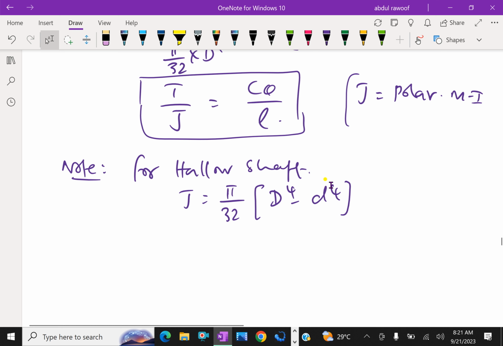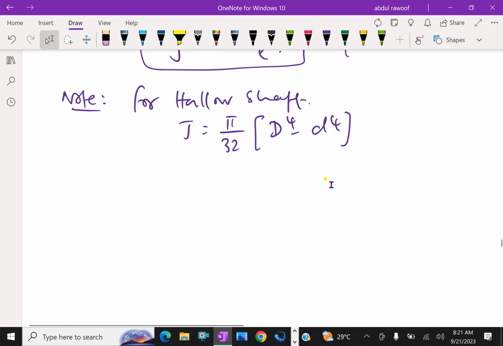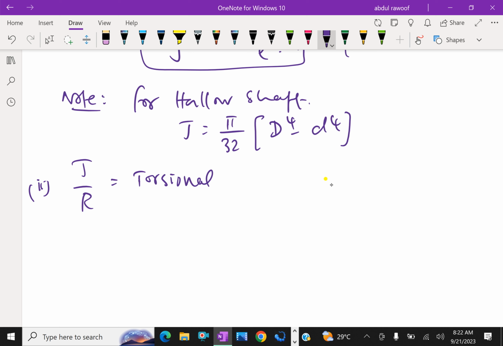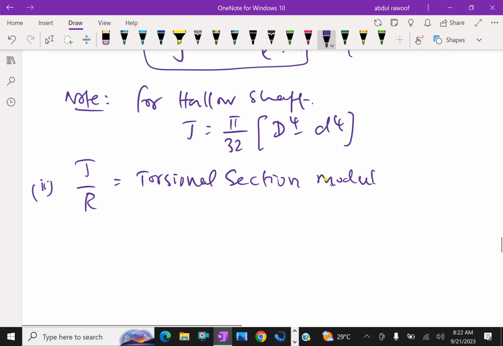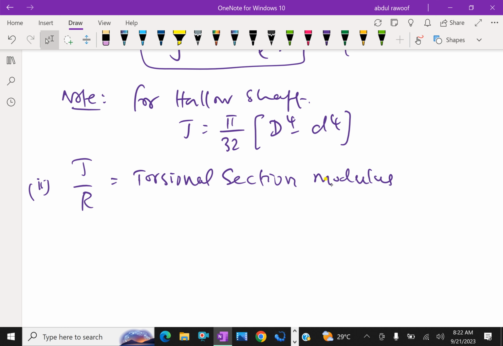The term J by R is known as the torsional section modulus. J by R is called the torsional section modulus, or it is called the polar modulus.